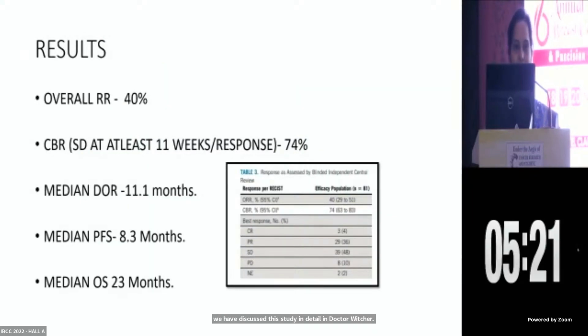In the second line setting, the overall response rate was 40%, and the clinical benefit rate, which was stable disease of at least 11 weeks or a response, was as high as 74%. Median duration of response was 11.1 months, with a median PFS of 8.3 and median OS of 23 months. So very respectable results.